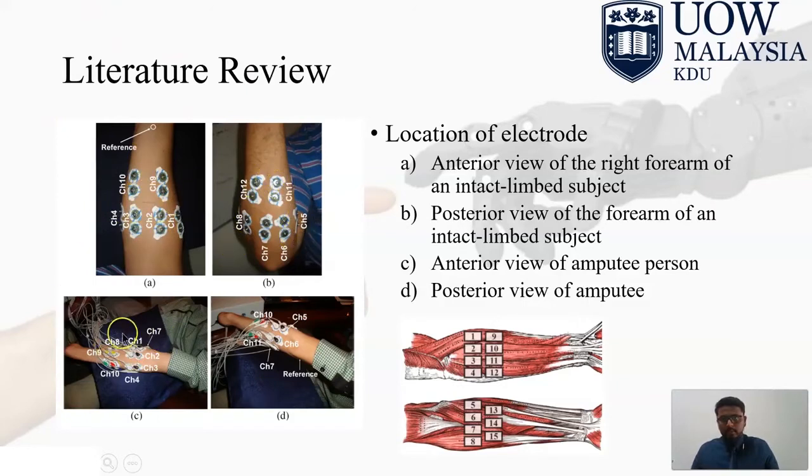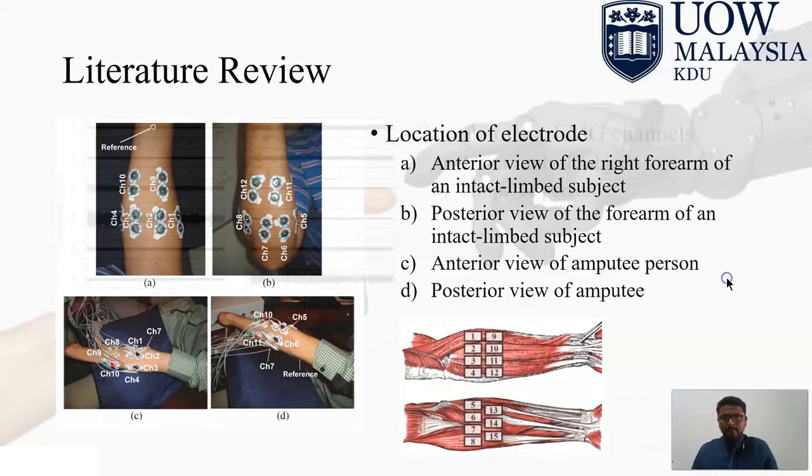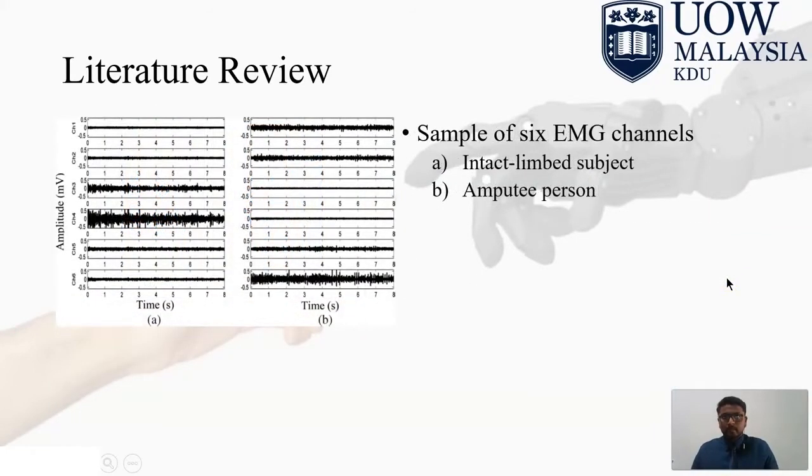As for figure C and figure D, it shows the location of the electrodes for the amputated person in order to control each individual finger. Here are samples of their results. A is the results for the intact limb person. B is the EMG data results for the amputated person.